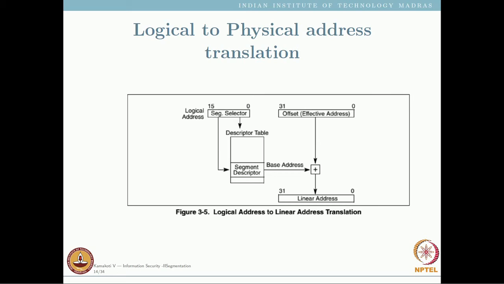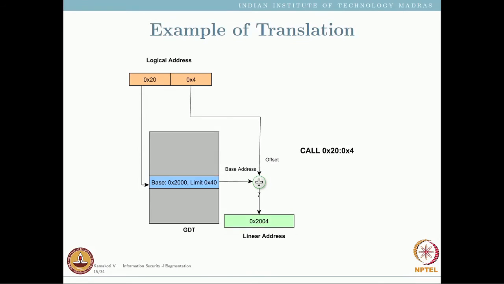So this is the logical to physical address translation in the absence of virtual memory. You have a segment selector, that segment selector points to a segment descriptor that gives you a base address, to which you add the effective address generated by the compiler to get the address in the RAM. This is how segmentation works.